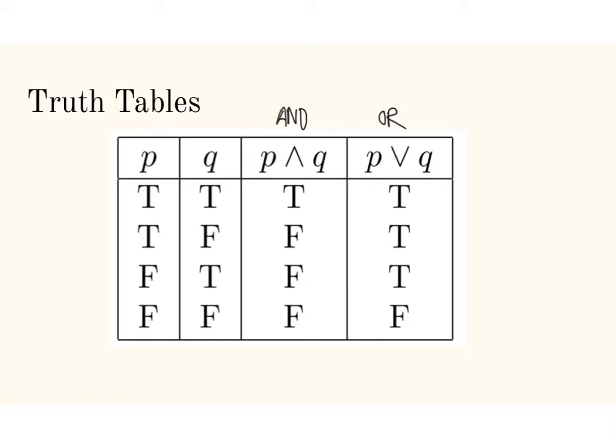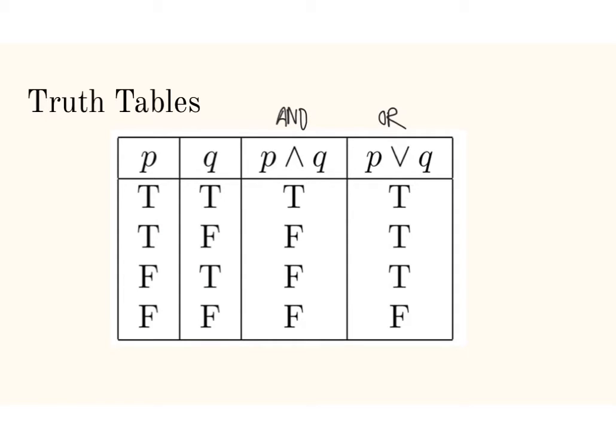If P is true and Q is false, or similarly if P is false and Q is true, the outcomes are going to be similar. We're going to have P and Q is false in either of those instances. We're going to have P or Q is true in both of these instances.